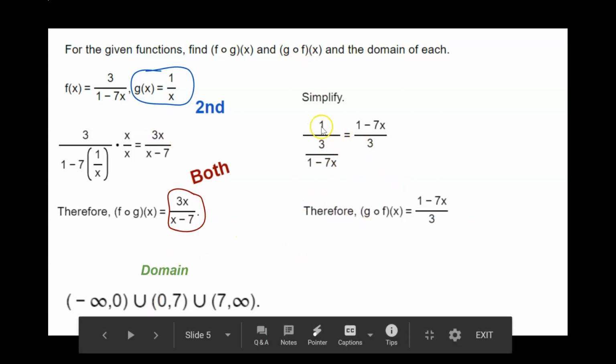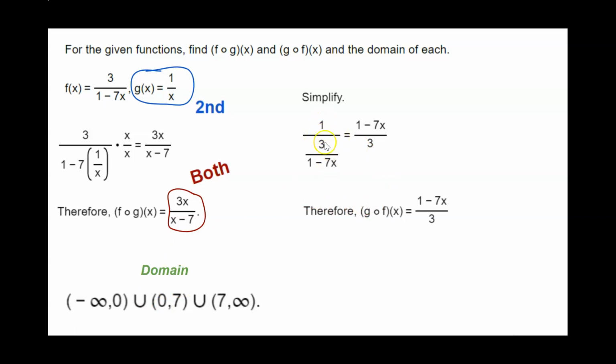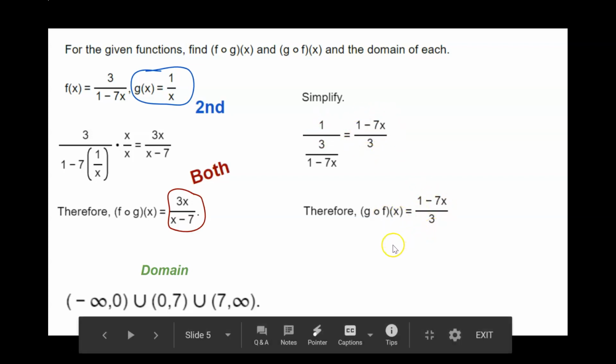So if we do the whole keep, change, flip, we change this to multiplication and flip this guy, do the reciprocal. 1 times 1 minus 7x over 3 gives us the same answer for g of x as far as the composite. So going back to the domain, we need to figure out the domain for this one.